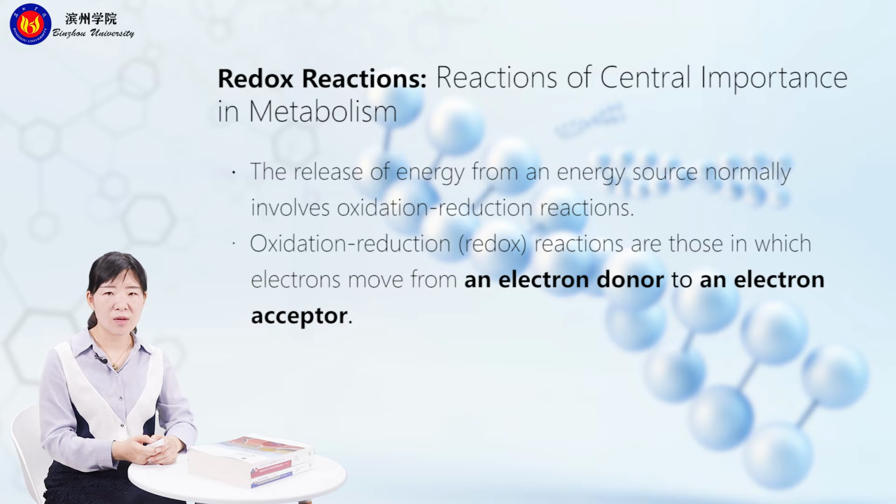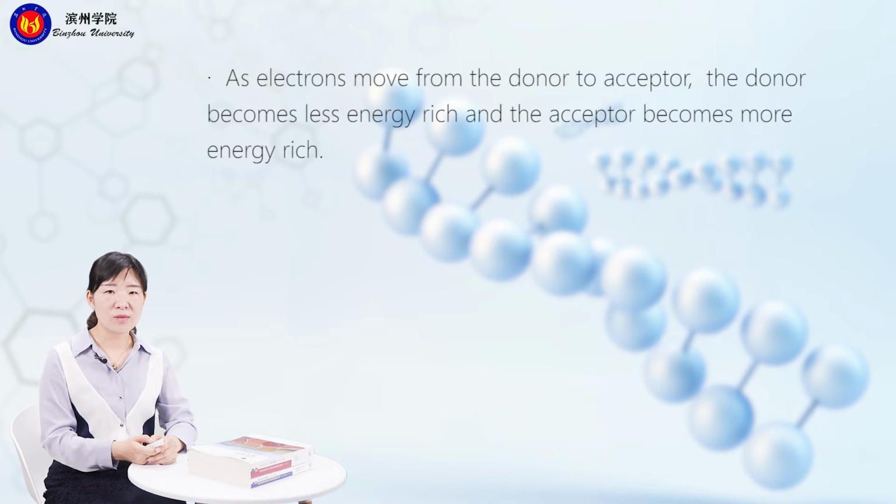These reactions are those in which electrons move from an electron donor to an electron acceptor. As electrons move from the donor to acceptor, the donor becomes less energy-rich, and the acceptor becomes more energy-rich.